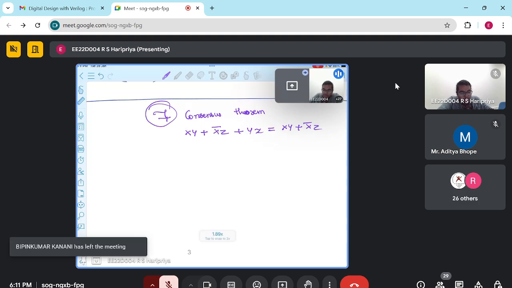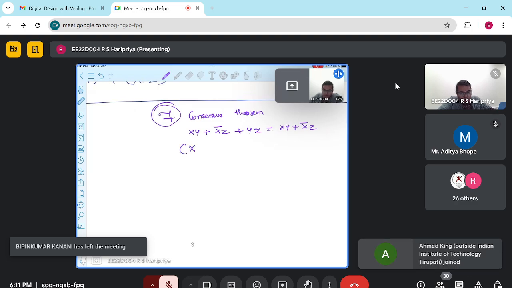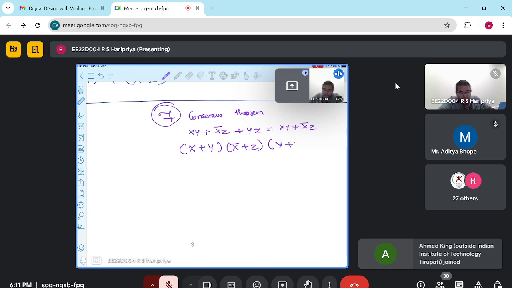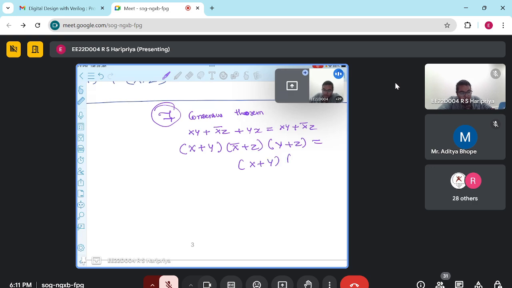And similarly with the OR form, this can be obtained by replacing the AND with OR and OR with AND operation.